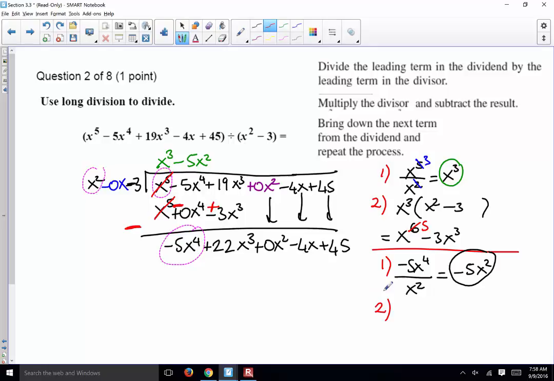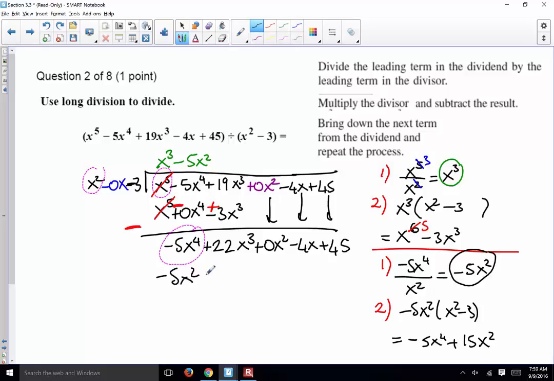Second, I multiply minus 5x squared by the divisor, and the result is minus 5x to the fourth plus 15x squared. Is it 3, right? Yeah, thank you. So it's not 25 then. It's 15x squared.